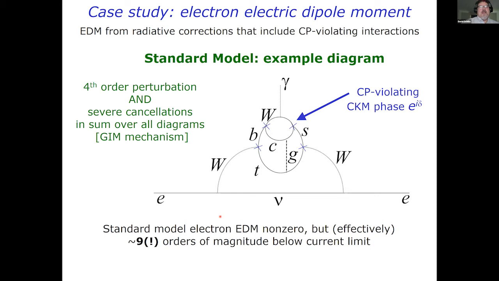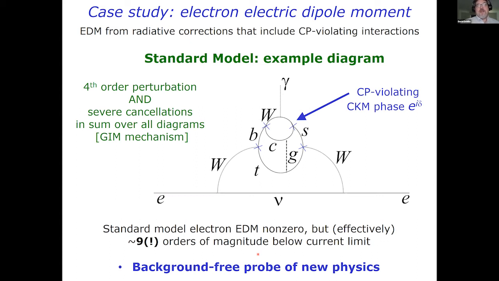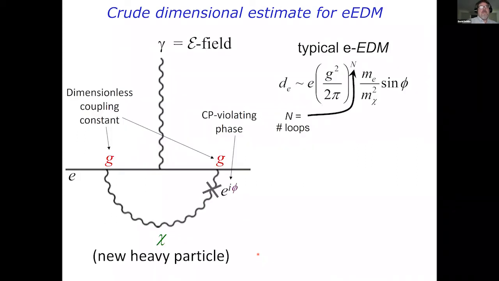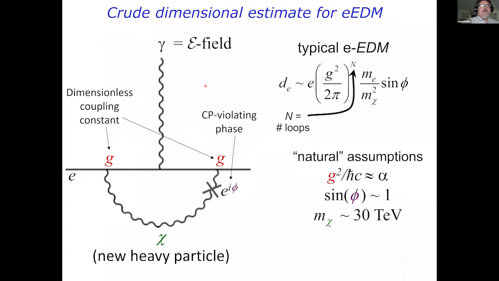So unlike parity violation, these CP violating effects are really truly background-free probes of new physics unless we can make many, many orders of magnitude improvement. Once we're able to measure an effect at the level predicted by the standard model, then progress for detecting new physics will be much harder. And just to give you a sense, I won't go through this argument carefully, but the electron EDM can be induced by the virtual exchange of some new heavy particle, unknown to us so far.